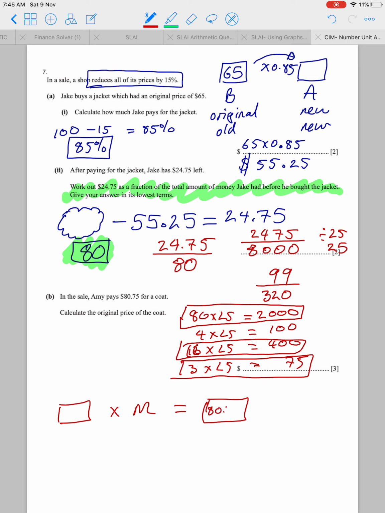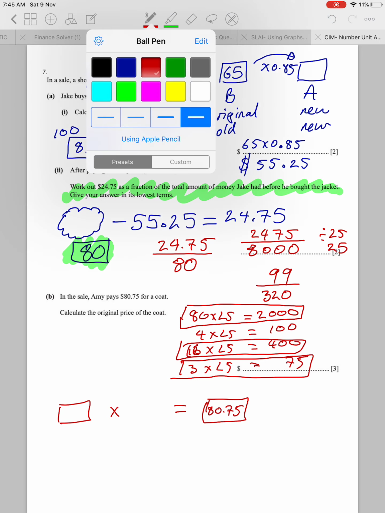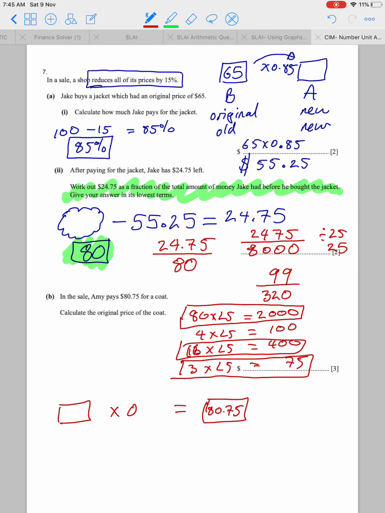She's paid £80.75 for the coat. Calculate the original price. It's the same question, so the multiplier is the same, 0.85. We could put a little x here for the original price. So the original price is 80.75 divided by 0.85.